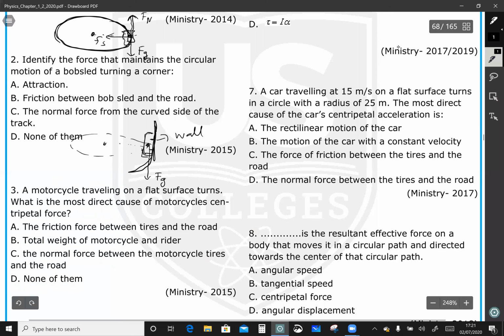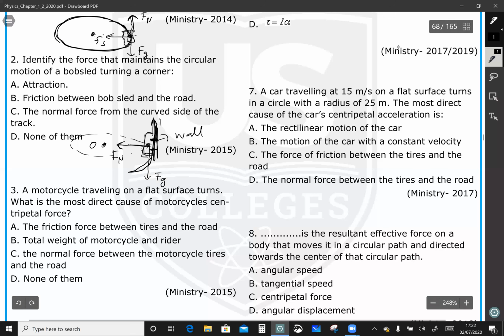But the wall is vertical, and the wall applies a force on the bobsled, which is known as, remember, the normal force. The normal force here, by the wall on the bobsled, is pointing to the center of the circular path. That's why the normal force is the centripetal force here. But there's one more force, because the bobsled has some iron object under it to keep it on the ice, a kind of friction force.